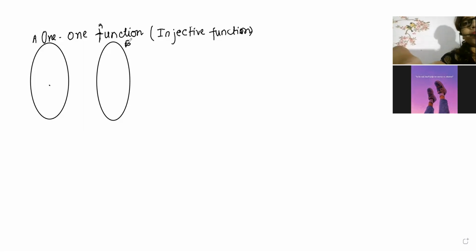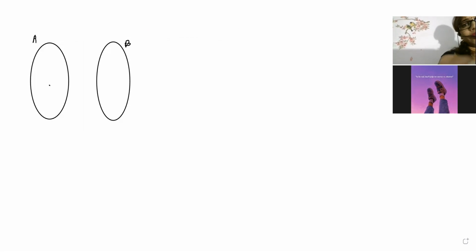So I wrote here A and B. So we are knowing that we are doing one function. So now for this, okay.